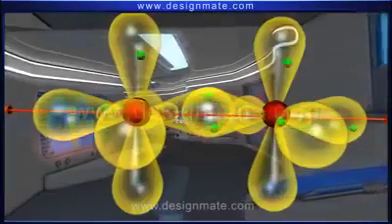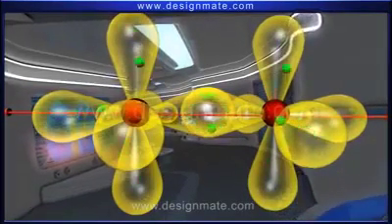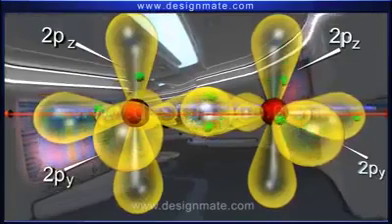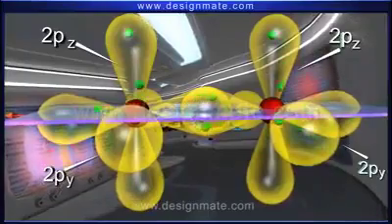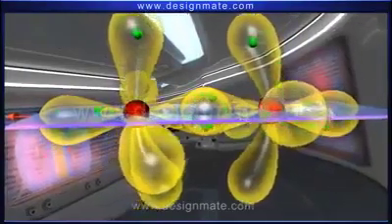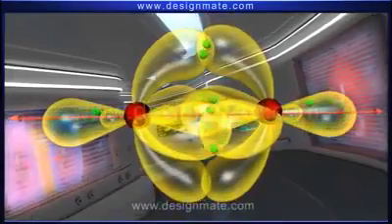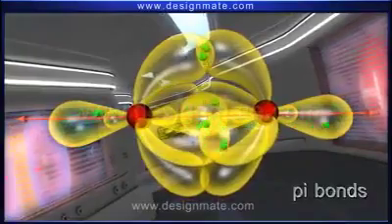Each of the carbon atoms also has two unhybridized p orbitals, namely the py and pz orbitals. These orbitals, which lie above and below the plane of sigma bond, also come very close to each other and overlap laterally, resulting in the formation of two pi bonds between the two carbon atoms.